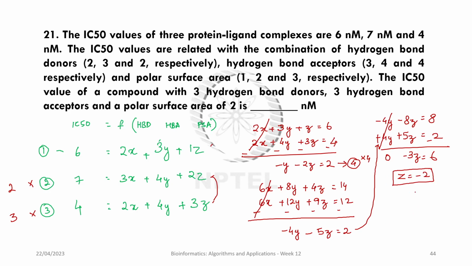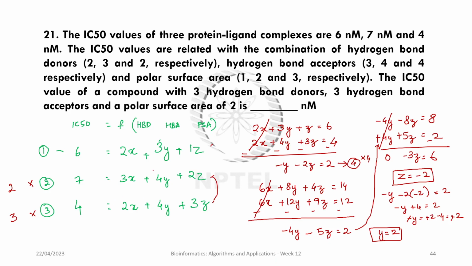So that much we have found, and if you substitute this into 4, minus y minus 2 into minus 2 is equal to 2, minus y plus 4 is equal to 2, minus y is equal to plus 2 minus 4 is equal to minus 2, minus and minus get cancelled, y is equal to 2.